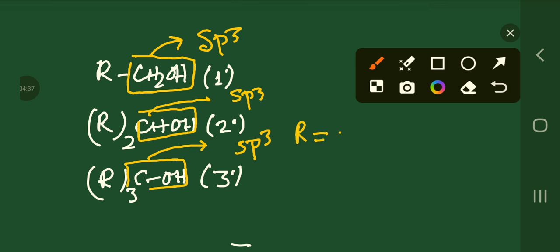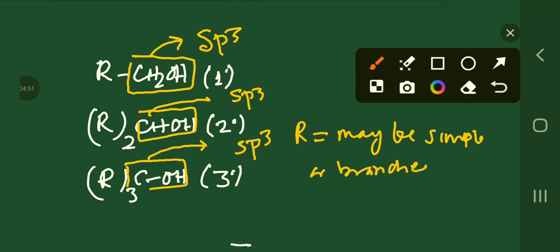The nature of R, that is alkyl group, may be simple or branched. So on the basis of alkyl group, the alcohols are classified into three categories: primary, secondary, and tertiary alcohol.